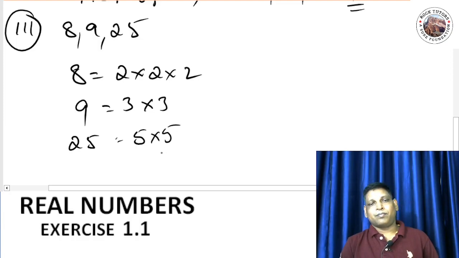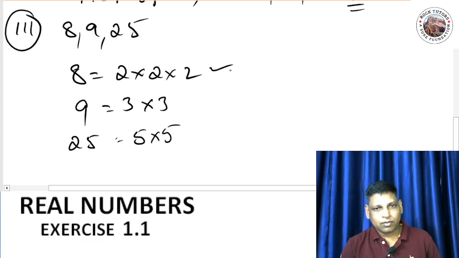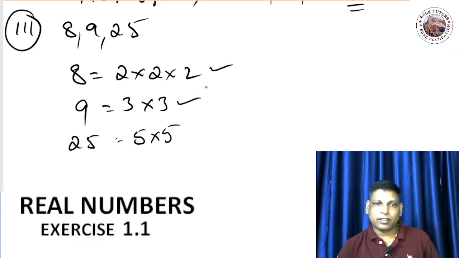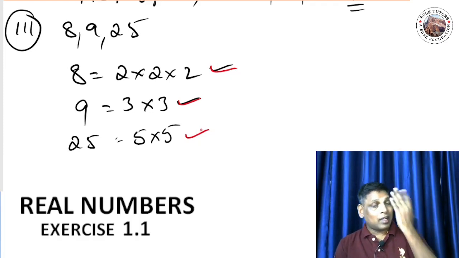Then what is the LCM? Here there are no common factors. All are different. When there is no common factor, we have to multiply all the numbers.